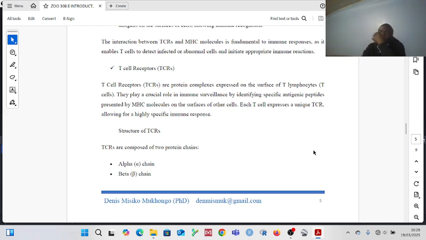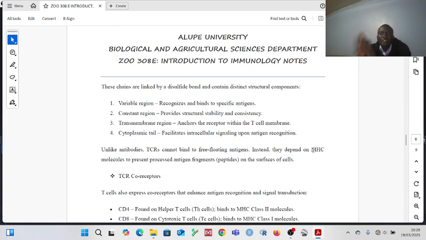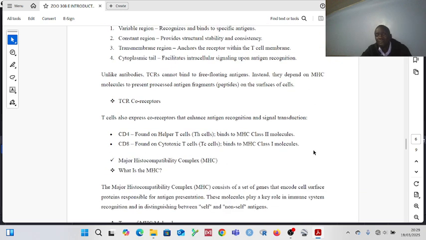So what is the structure of this T cell receptor? The T cell receptors are composed of two major protein chains. So you have the alpha chain and the beta chain. Those chains are joined by a disulfide bond, and they contain these four: a variable region, a constant region, a transmembrane region, and a cytoplasmic tail.